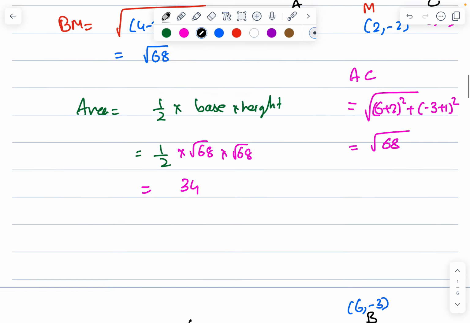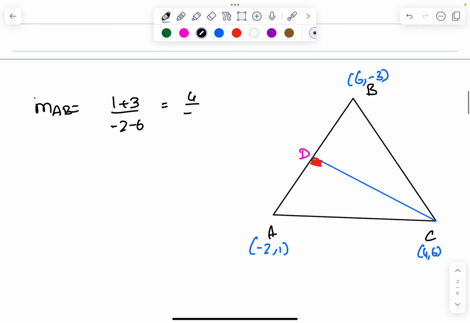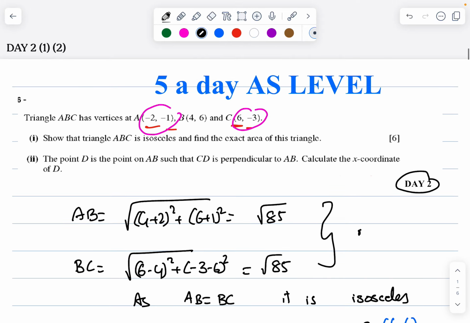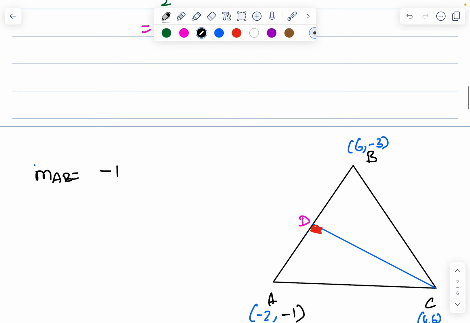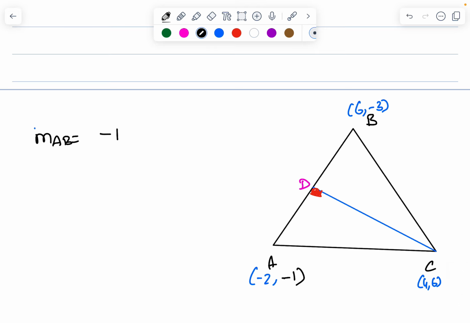A is, let me make a correction over here, A is negative 2, negative 1. We have swapped the coordinates. Let us start once again fresh.